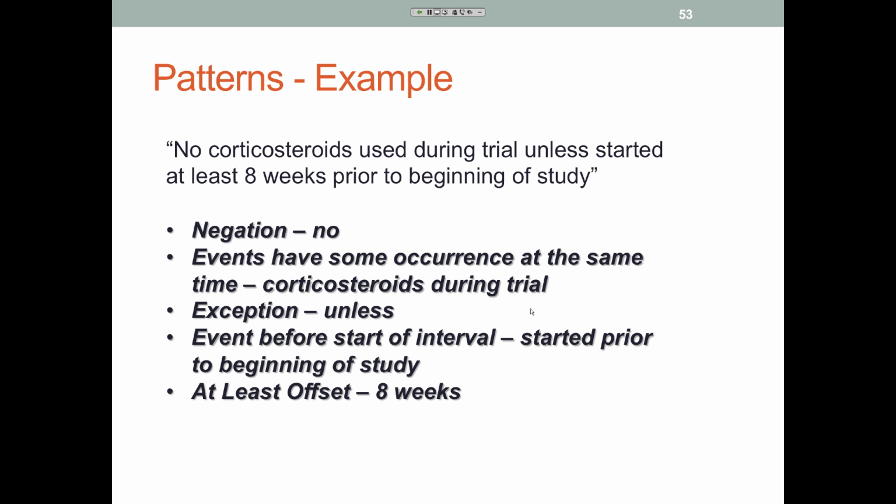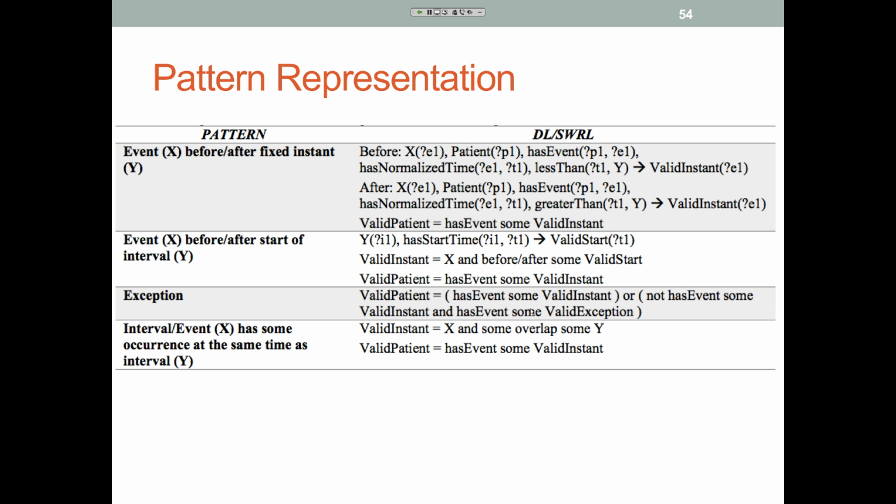So basically, the offset defines the duration between two events. And based on these patterns, we can develop different kinds of queries. Here we use OWL DL or OWL rules to represent, for example, the patterns.